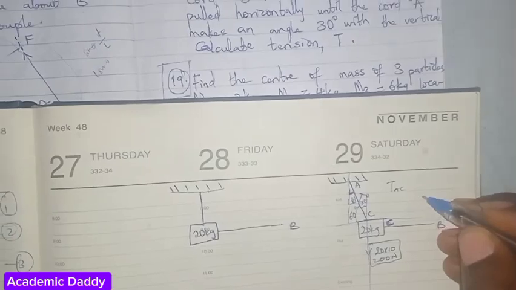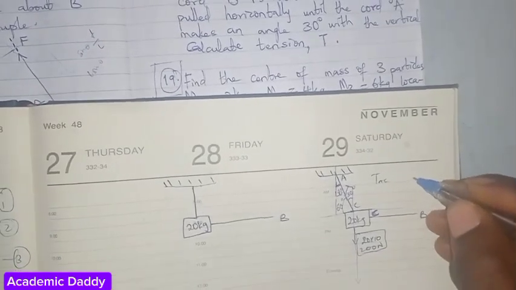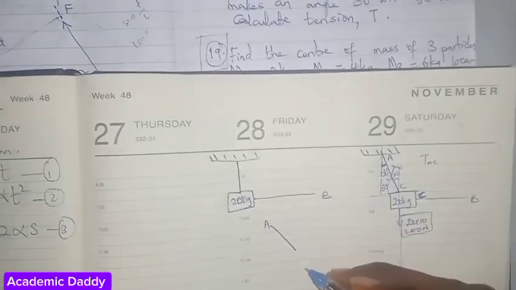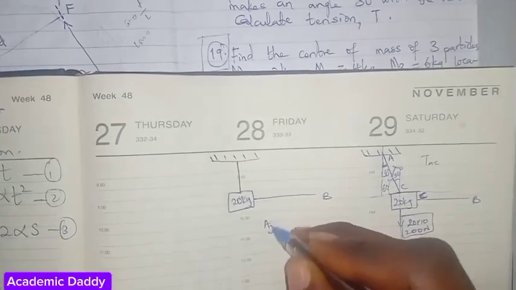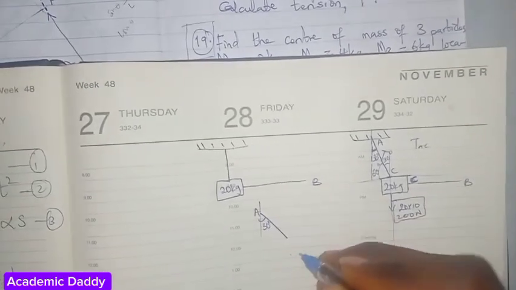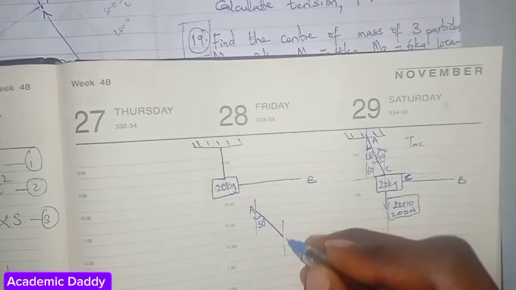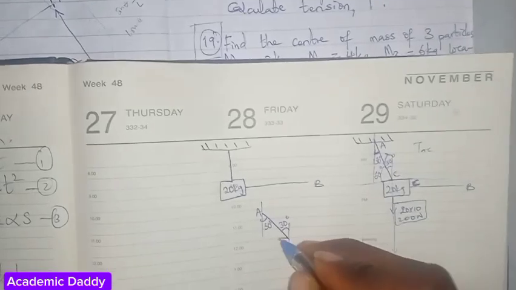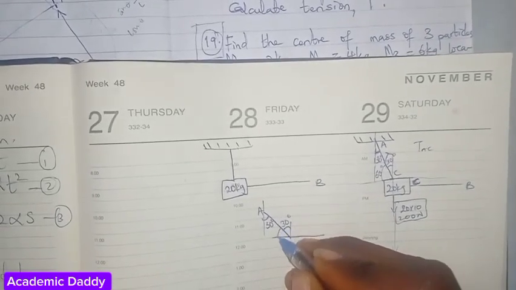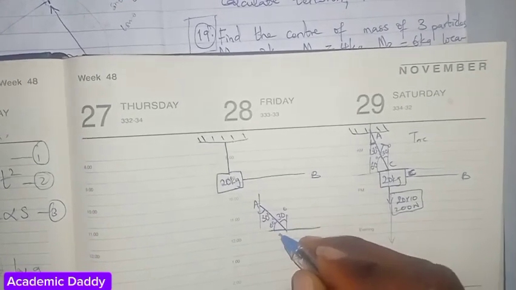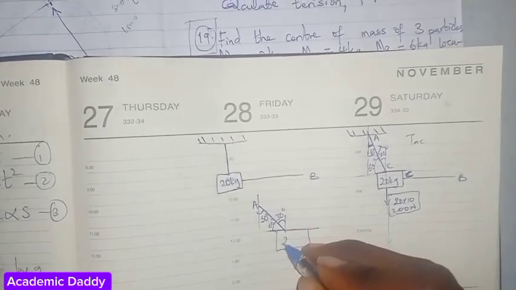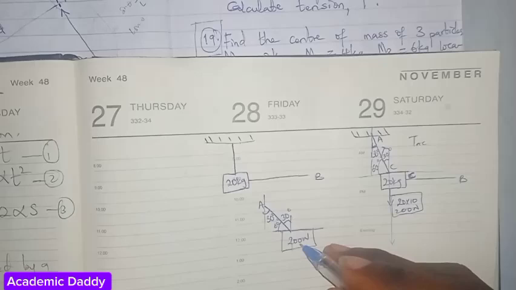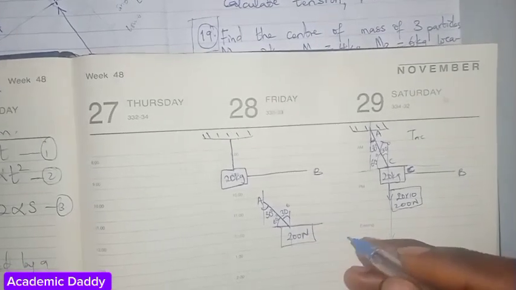If I draw this out well, I'm going to have A, 30 degrees, then another 30 degrees, then 60 degrees. Remember that this place is our mass, 200 Newton. That is 20 times 10, for gravity is constant. 200 Newton.